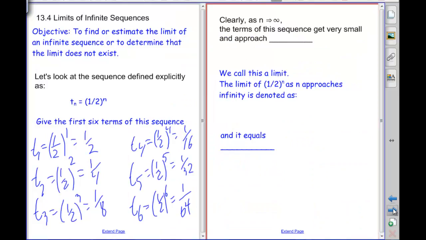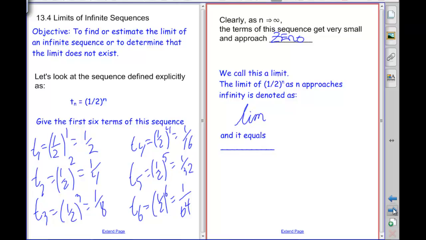Where are these going? As n gets huge, as n approaches infinity, the terms of this sequence get very small and approach zero. We call this the limit. The limit of 1/2 to the n as n approaches infinity is denoted like this: LIM, that's our abbreviation for limit.